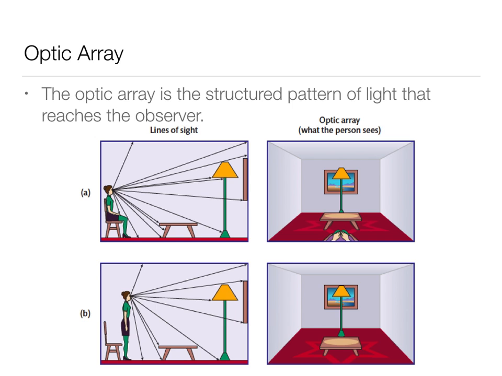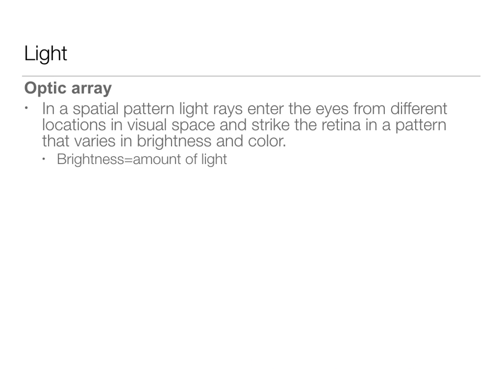So here we have two different optic arrays, one where she's sitting and she can kind of see her lap, and one where she's standing and her optic array changes when she stands. So in that optic array, different light rays enter from different locations, and this pattern of light varies depending on two different things.